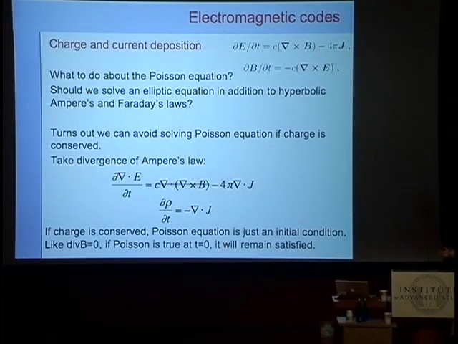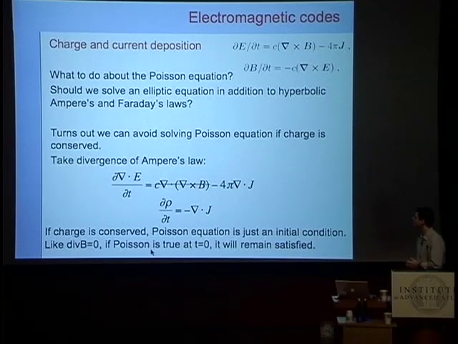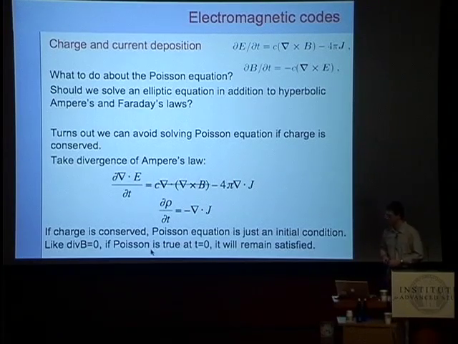So this is fully relativistic. It can work for arbitrary gammas. The next step is how do we calculate the charges and the currents from the particles in order to solve the Maxwell equations. It turns out that we can use one very interesting trick.